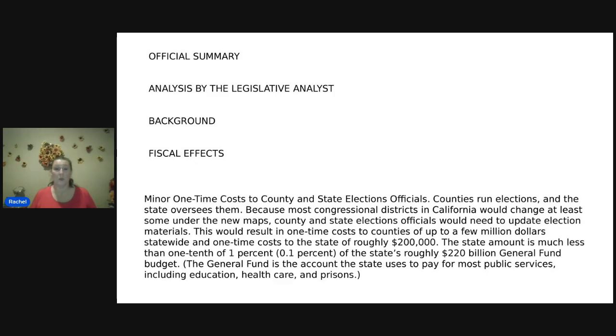This would result in a one-time cost to counties of up to a few million dollars statewide, and the state amount is much less than 1/10 of 1% of the state's roughly $220 billion general fund budget. The general fund is the account the state uses to pay for most public services, including education, health care, and prisons. So, cheers to that one.